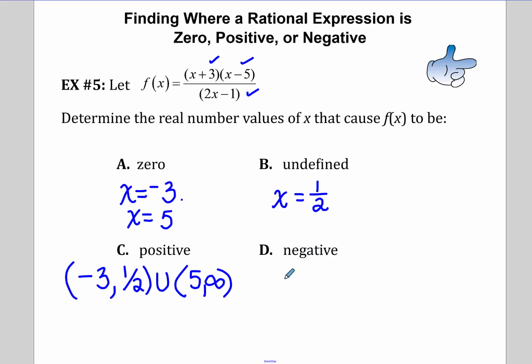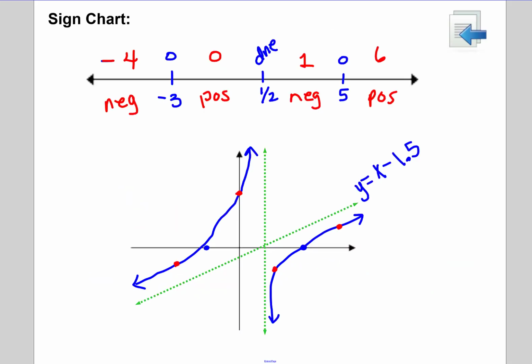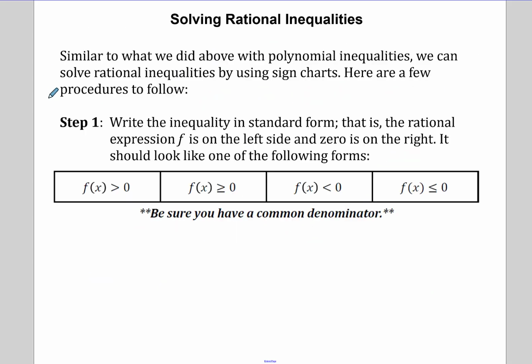The negative regions would be everywhere else between -infinity and -3. And then also on the segment between a half and 5. Okay? Using sign charts, using our skills from graphing from this unit, piecing all of those together and actually using them to solve some problems. So we can continue on that journey solving rational inequalities.